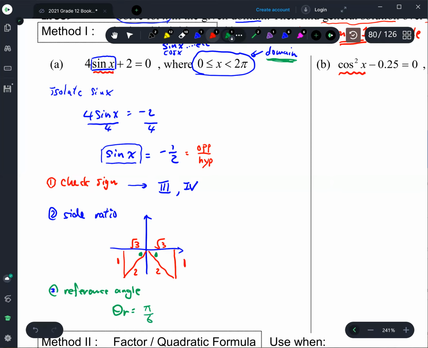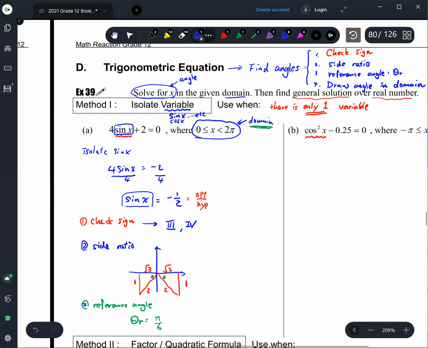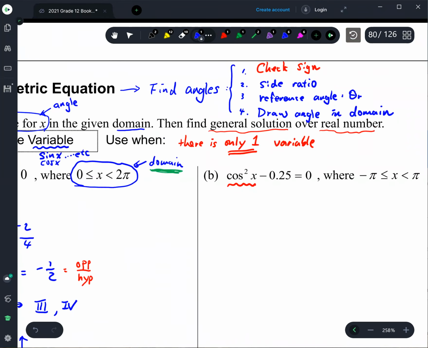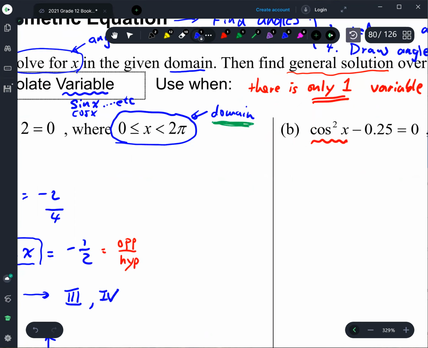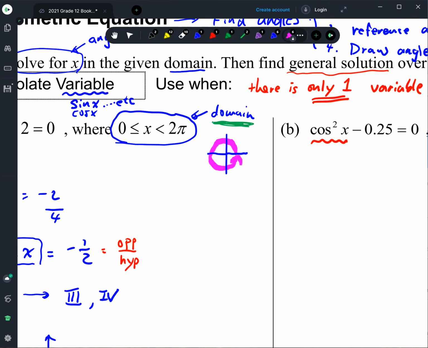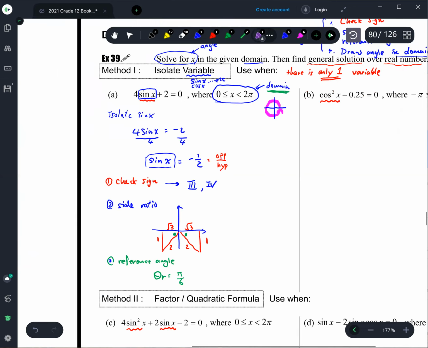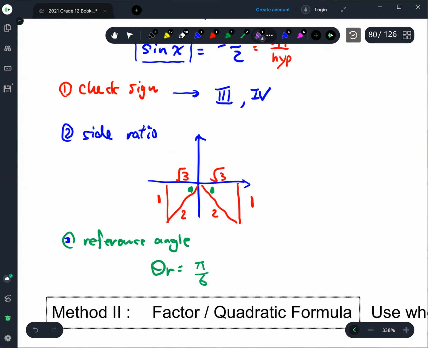Final step is to draw the angle in the domain. The domain is 0 to 2 pi. That means when you draw the angle, you want to find all the angles that fit from 0 to 2 pi. 0 to 2 pi makes one circle. That's the domain. So let's find the angle. The first angle from 0 to 2 pi is this one.